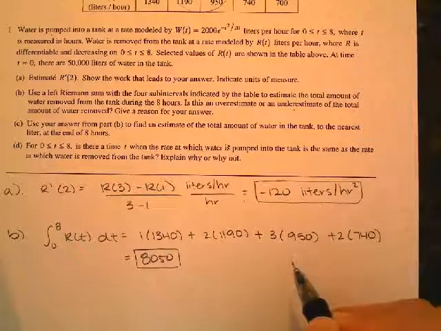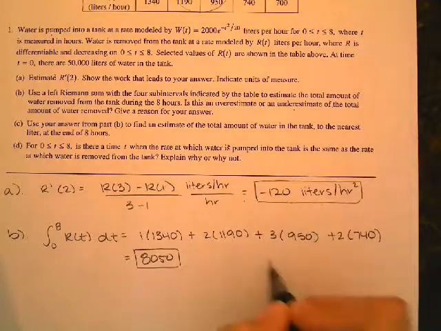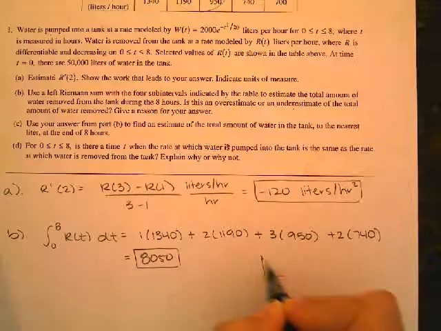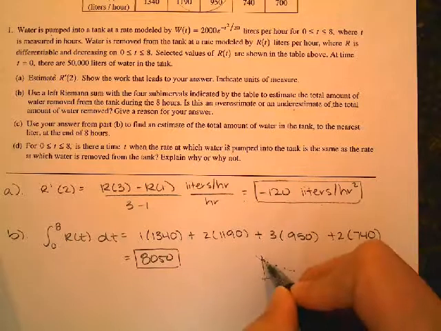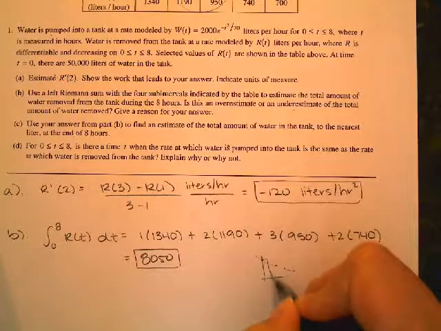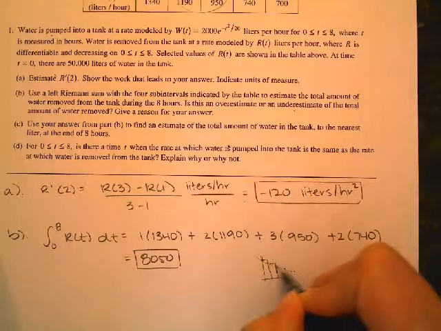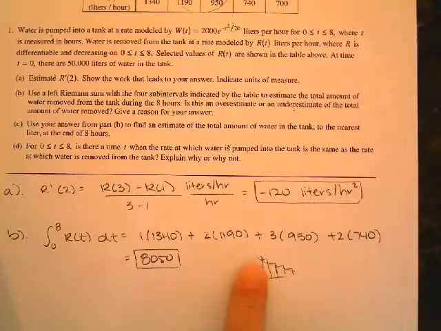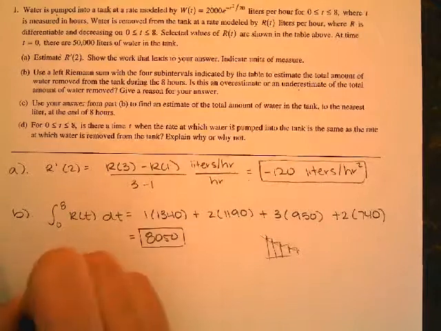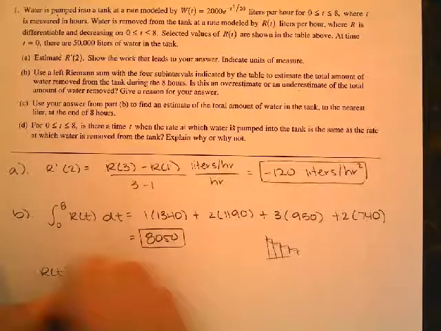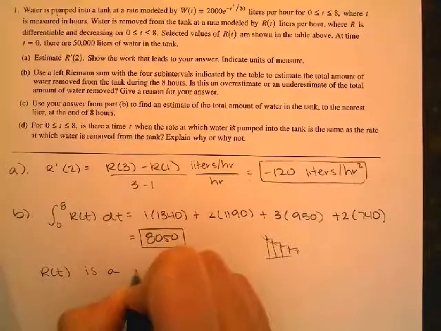If we were to graph this, I'm not going to draw an accurate graph, but the numbers are going down, right? So if you were to do a left-hand Riemann sum, which is what we did, then you can see that all of those are going to be overestimates. So we're going to say R of t is a decreasing function.